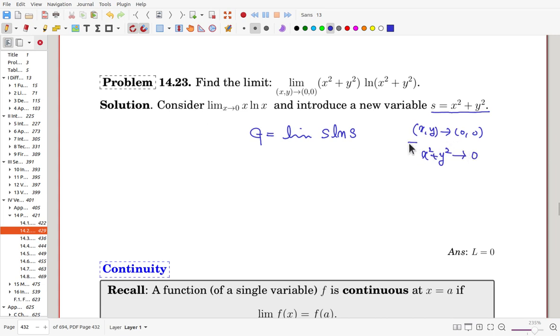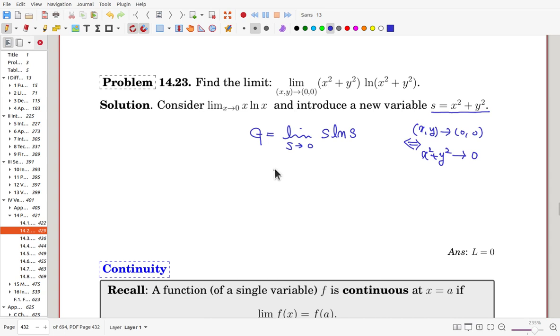In fact, these two things are the same. So rather than that condition, we may write down here x squared plus y squared approaches 0, which is the same as s approaches 0. Now from calculus 1, you can finish this one.